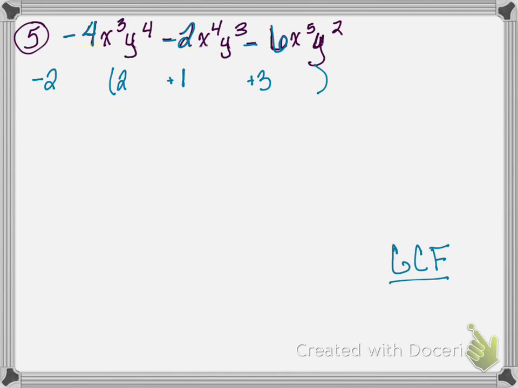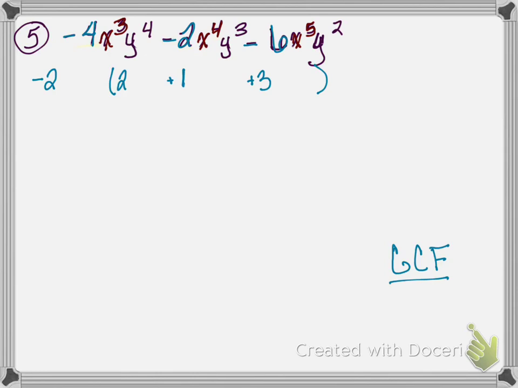Now I want to deal with my x to the third, x to the fourth, and x to the fifth. So what you are looking for here is an exponent that's common in all of them. It's x to the third. Okay, did you say y to the second? Yes, that's the next one.